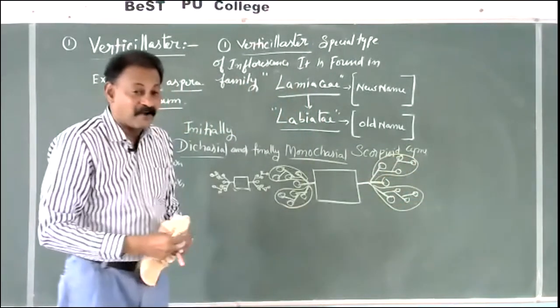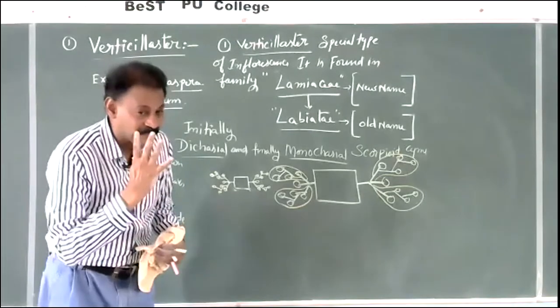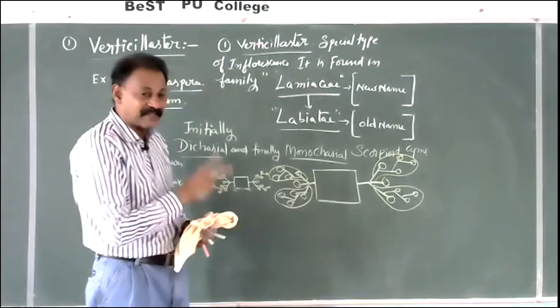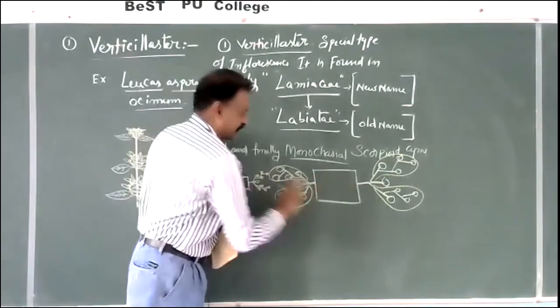Listen, how many monochasial cymes are there? 4 monochasial cymes are there. How many dichasial cymes are there? 2 dichasial cymes are there.